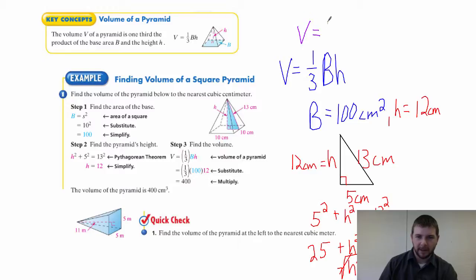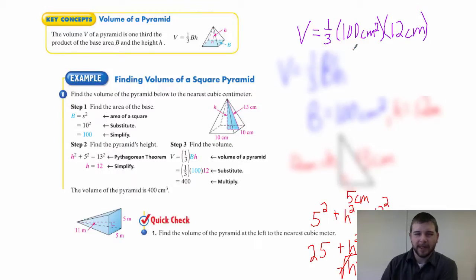And now, plugging both of these things into our volume formula, we will find that the volume of our pyramid equals 1/3 times 100 square centimeters times 12 centimeters. Recall that multiplication is commutative, meaning we can multiply these 3 things in any order we like. 1/3 of 100, well, 33.333.